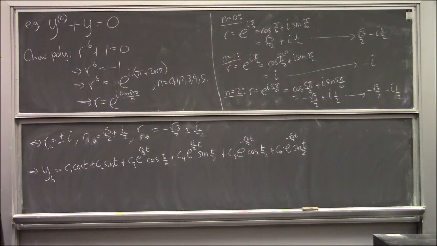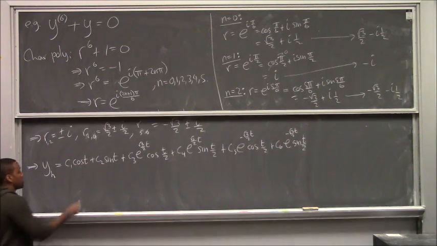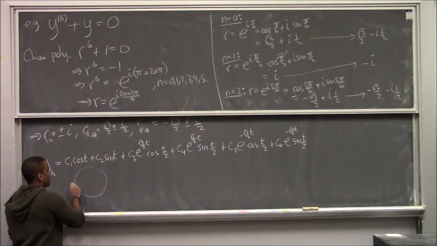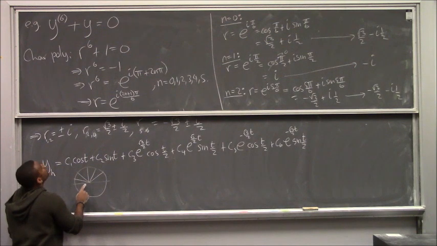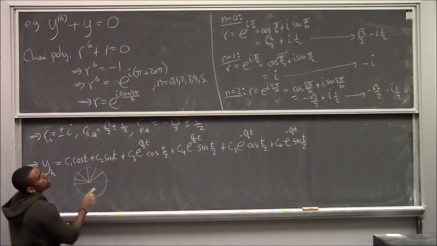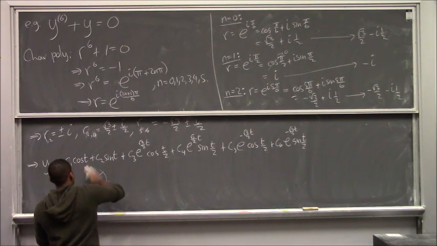Picture splitting the unit circle into parts, like a pizza. You don't have pi over 2, do you?